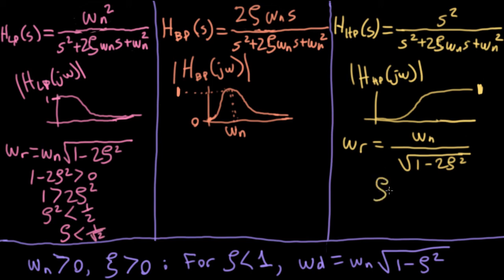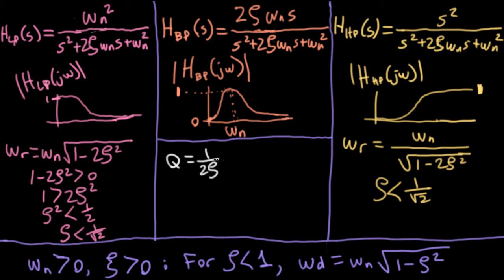And similarly, we need this to hold, that zeta is less than this approximately 0.707 for the high-pass case as well. We don't ask questions about this for the bandpass case because the bandpass filter always has its peak at omega n. So that 1 over square root of 2 is that magic spot where you have the poles landing on that 45-degree line.